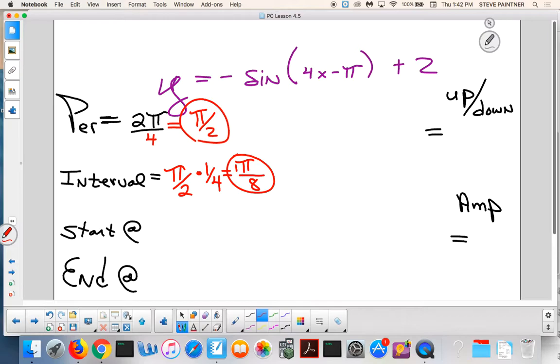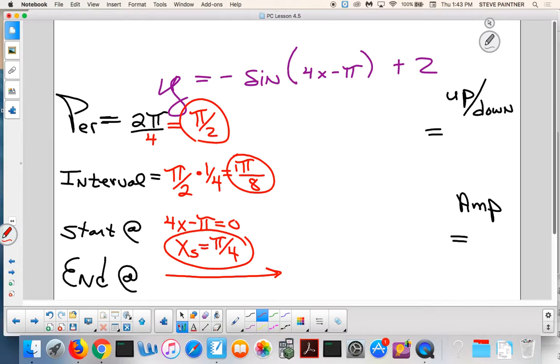Okay, start at what? Well, take the inside, 4x minus pi, set it equal to what? 0. What's the answer? Your starting x value is pi over 4, which is 45 degrees. Okay, you're going to end where?